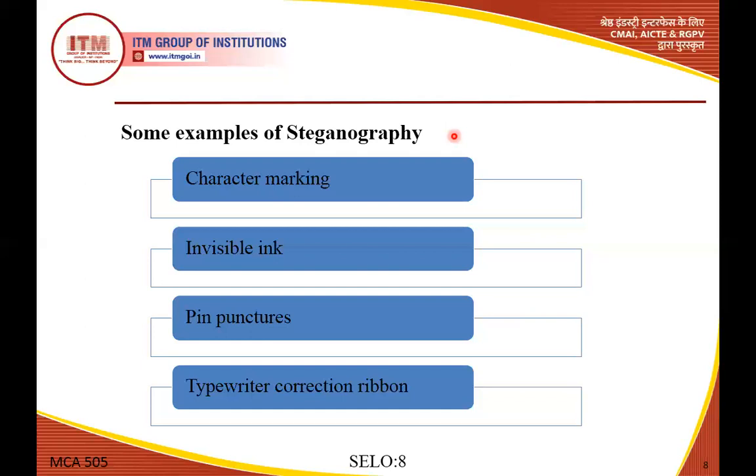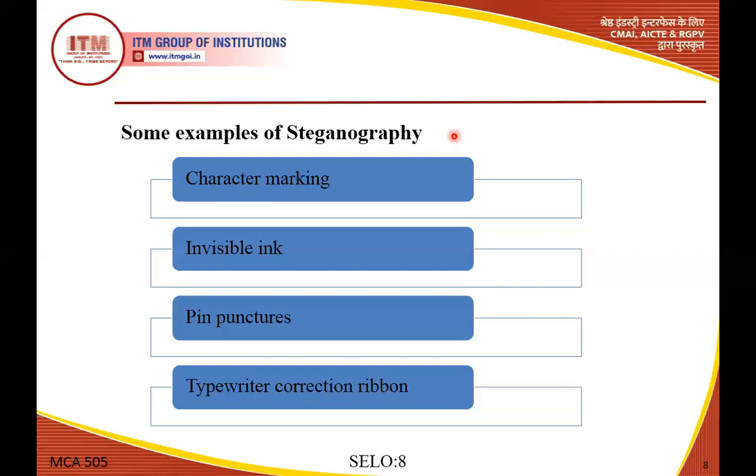If you take lemon juice and write anything with it, it is not visible to anyone. But if you apply some heat to that paper, then all the characters are shown to you. This type of technique is also used in cryptography, and this is invisible ink.